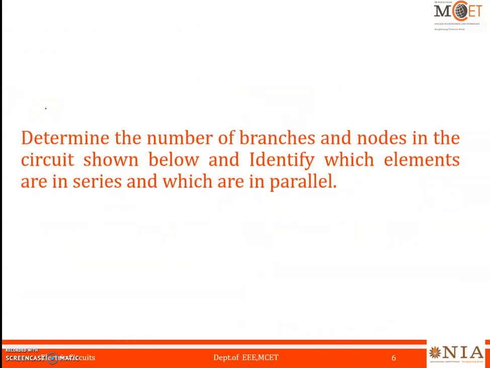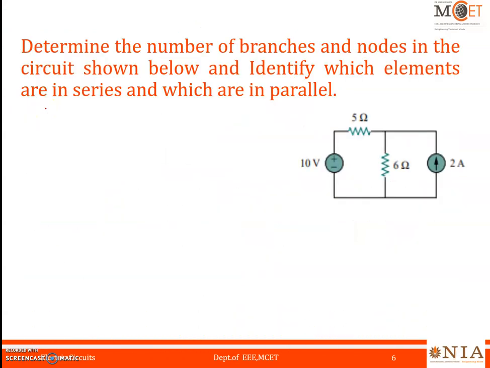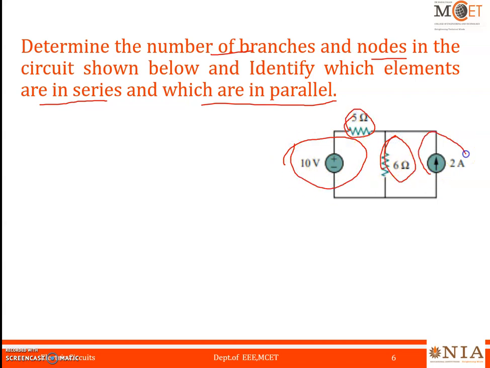Now, see the second example. Here I have asked you to determine the number of branches and nodes, and also identify which elements are in series and parallel for this circuit. As you see the circuit, the 10 volt source is a branch, 5 ohm is a branch, 6 ohm is a branch, 2 ampere is a branch.